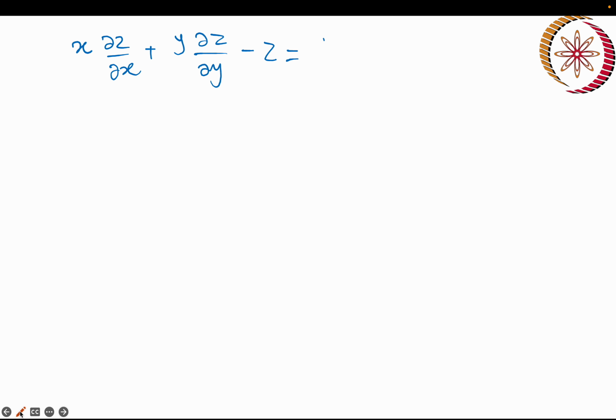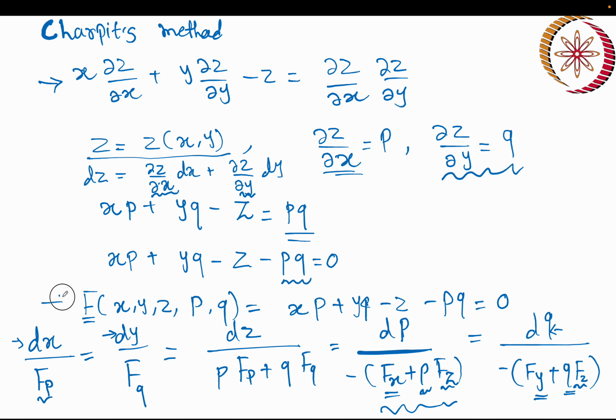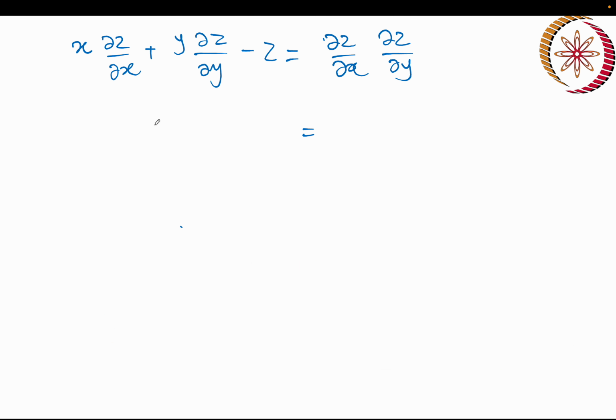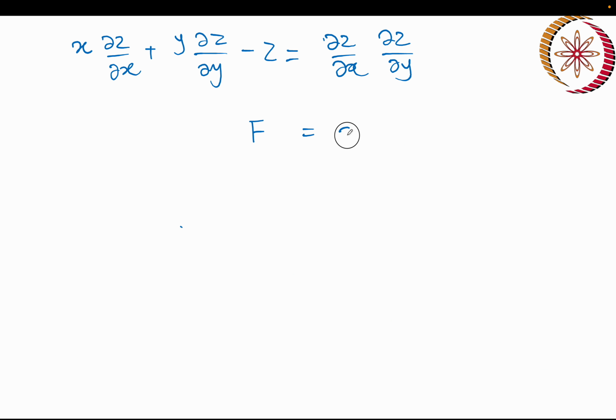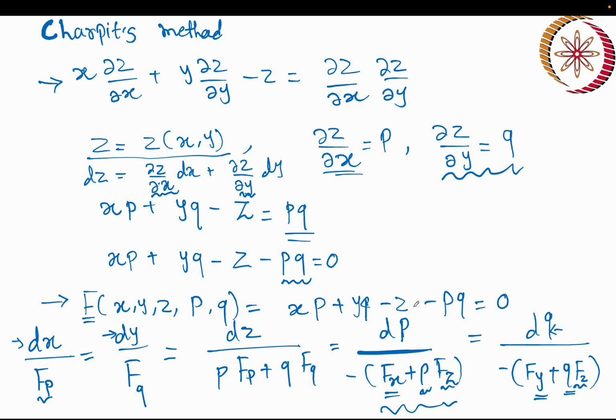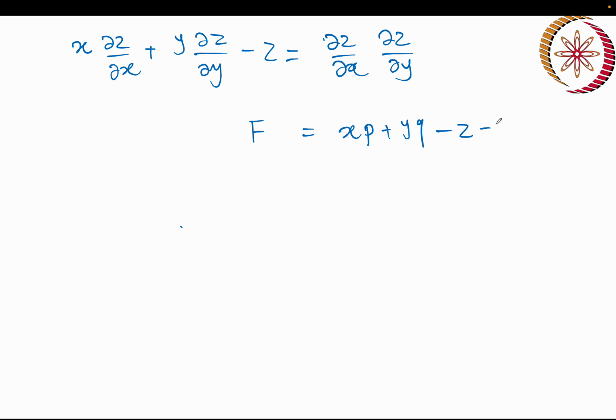Okay, I have already written it, dou z by dou x and dou z by dou y. So we have already written this f. So f is equal to xp plus yq minus z minus pq.